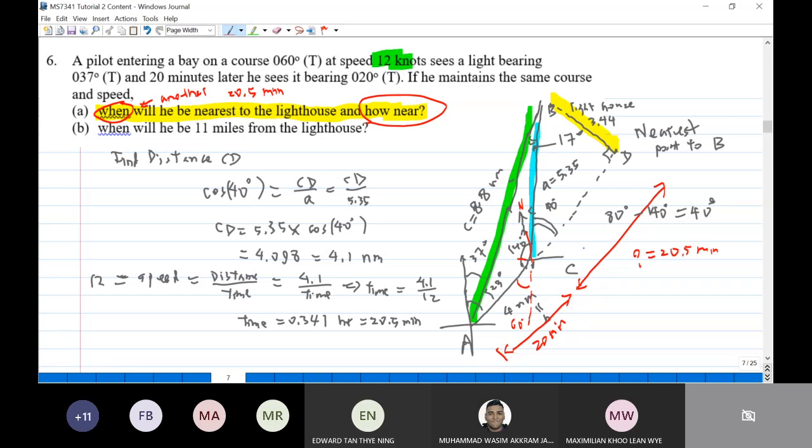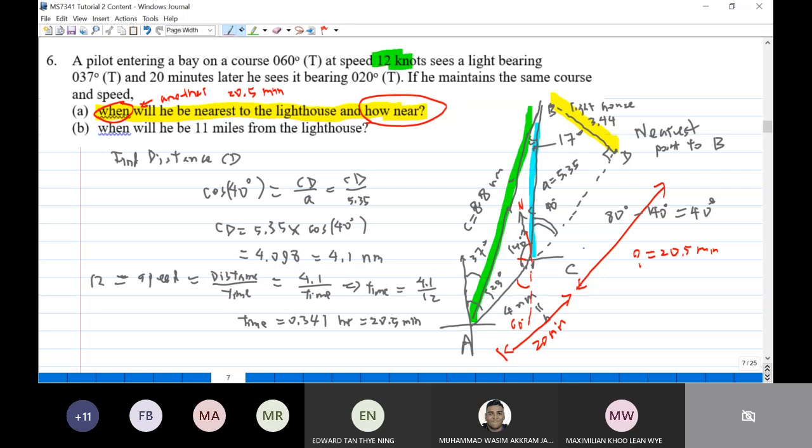Because this exercise is difficult, that's why I make a recording. Hopefully it works. So this answers part A: how near the plane is to the lighthouse, and when it happened. Okay, part B.